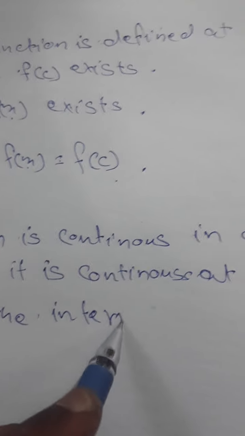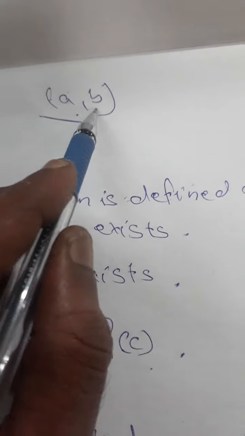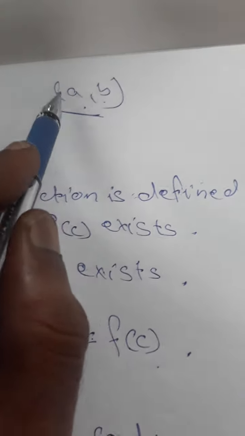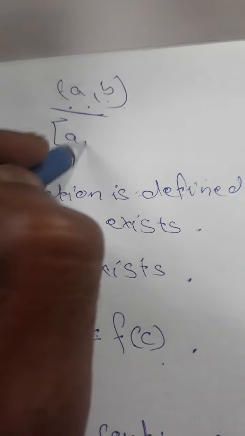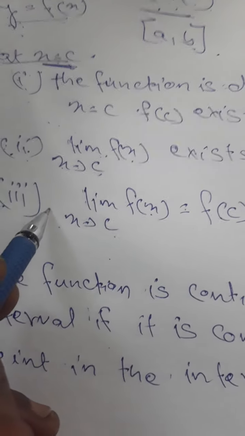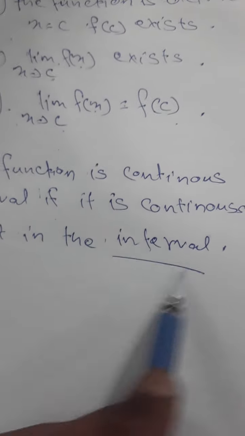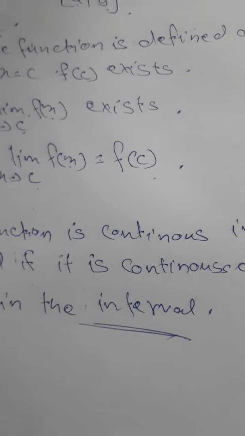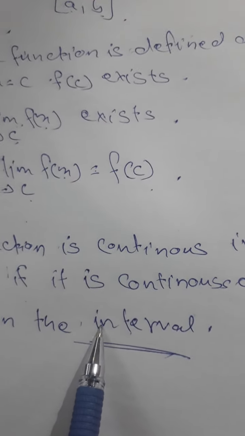You have to go on checking each and every point. If it is an open interval, just leave the end points. If it is a closed interval, include those points. It should satisfy all these three conditions at each and every point. Then we say that the function is continuous in an interval.